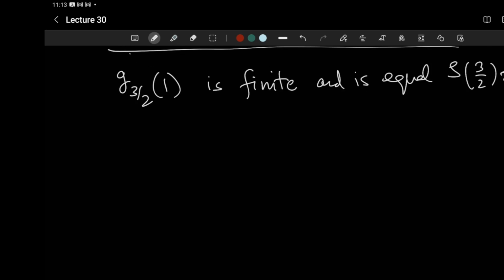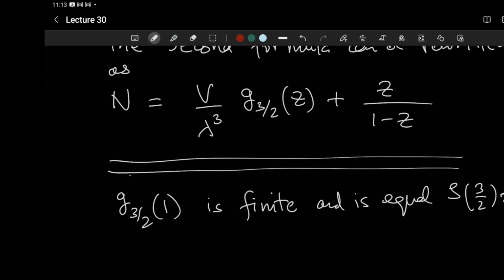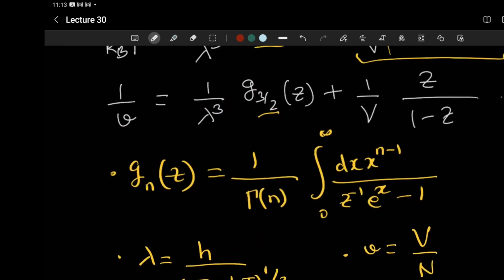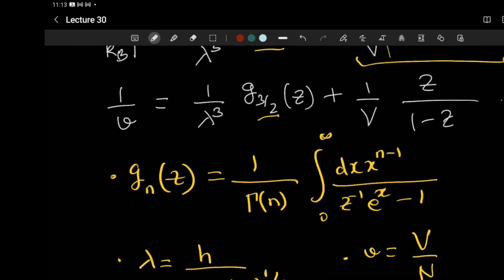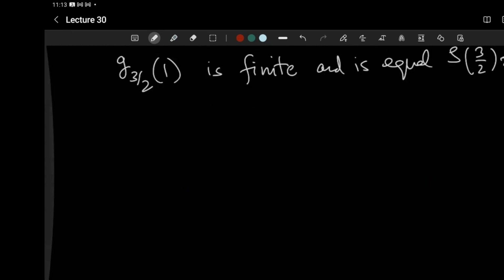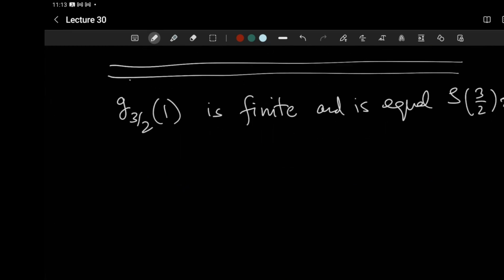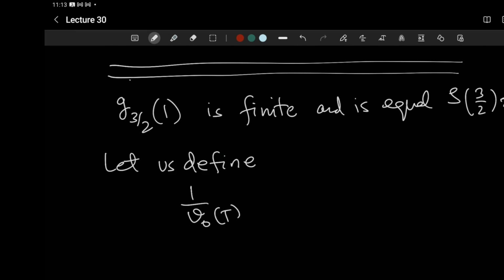So the point here is that there are two forms. Let me go back to the first form of the same thing. Let us define 1 by v naught, which is a function of temperature, by the way, equal to g3 half of 1 divided by lambda cubed.